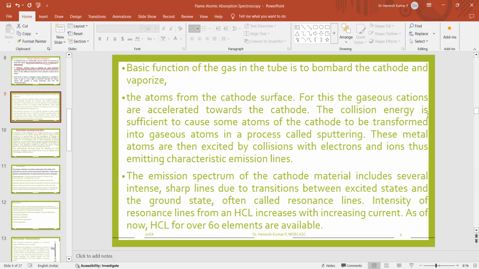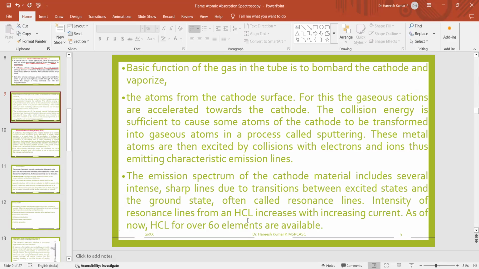The collision energy is sufficient to cause some atoms of the cathode to be transferred into gaseous atoms in a process called sputtering. These metal atoms are then excited by collision with electrons and ions, thus emitting characteristic emission lights. The emission spectra of the cathode material include several intense sharp lines due to transition between the excited state and the ground state, often called resonance lines.